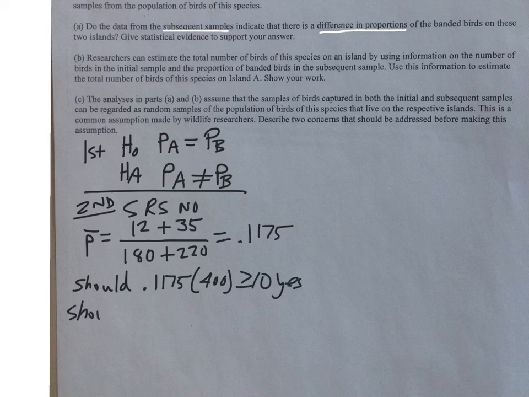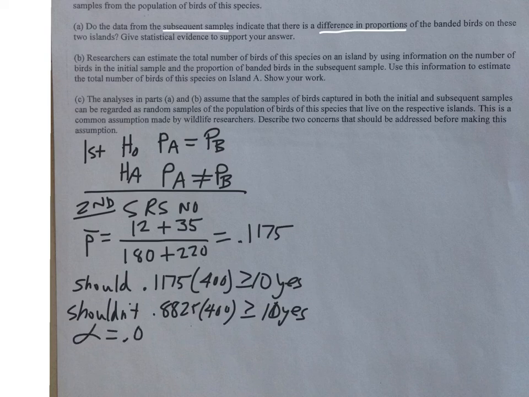And the ones that shouldn't have bands would be the remaining ones, which is definitely greater than or equal to 10. So the sample is not random enough, but it's big enough. The significance level we could set at 1%, and we should state that it's a 2-proportion z-test.